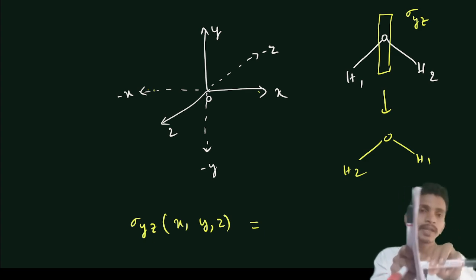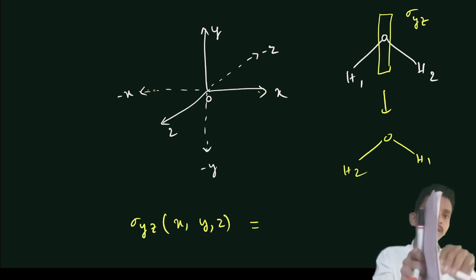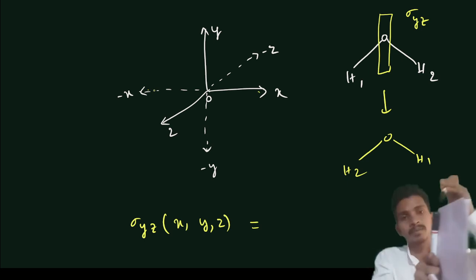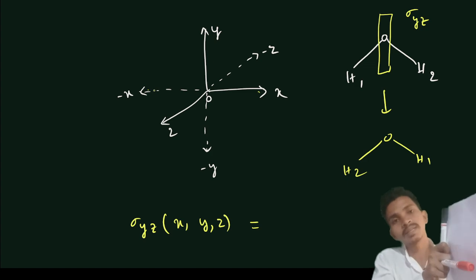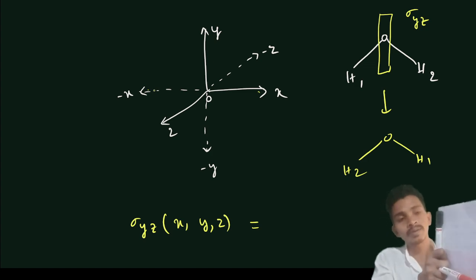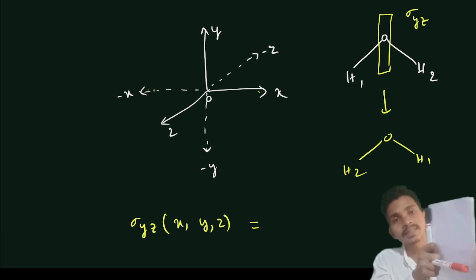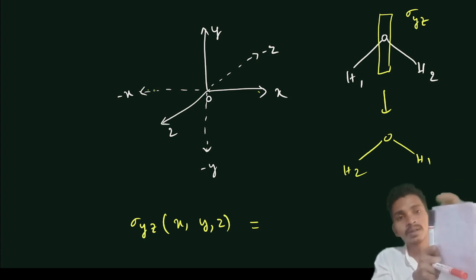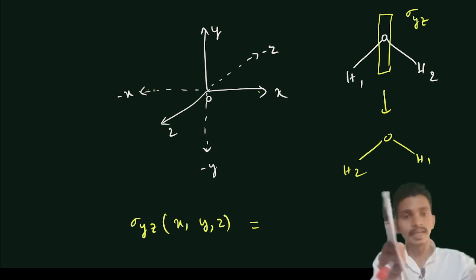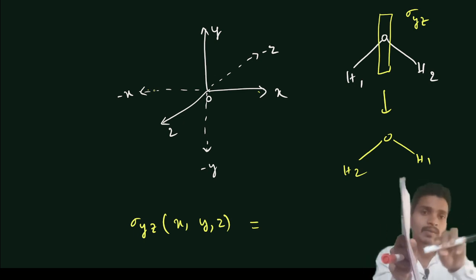So whenever this plane is applied, the mirror image will come to the back side, and y and z are already contained in the plane. So this y and z axis is already contained in the plane, so it will not change. The x-axis is not contained, so that will get the mirror image.